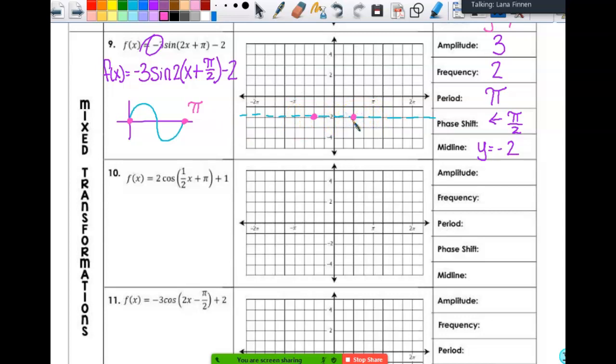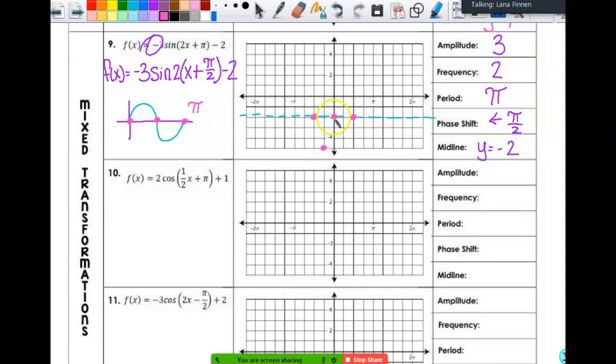And as long as I have the beginning and the end of the period, and I understand what my parent function looks like, the rest of it is just half, half, half. Halfway between these two is another midline 0, right here. Halfway between these two, I would go up whatever the amplitude is, but there's a reflection, so instead of going up, I would actually go down 3. So between these two, I would go down 1, 2, 3.